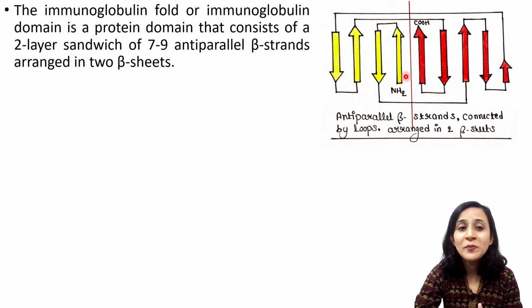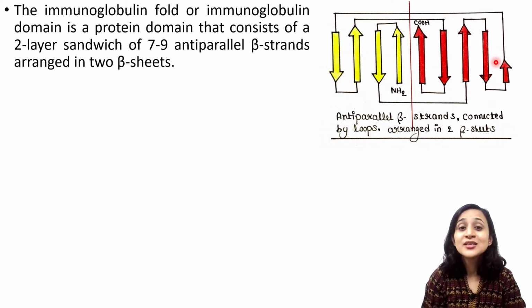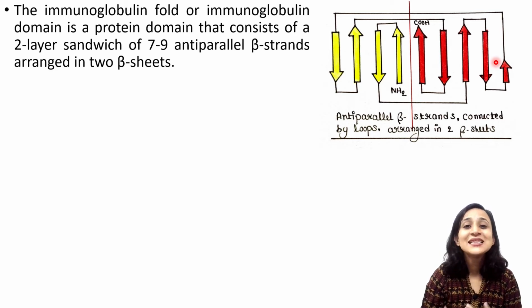So here 2 beta sheets are there, one is yellow, one is red, and here a total of 7 to 9 antiparallel beta strands are there. So they are making the two-layer sandwich because they are arranged in 2 beta sheets.